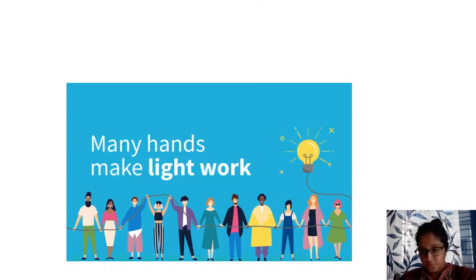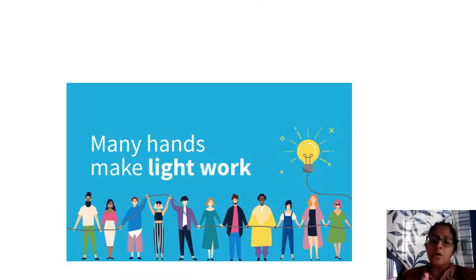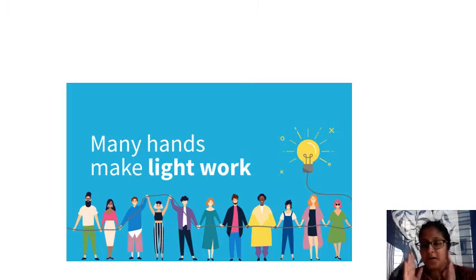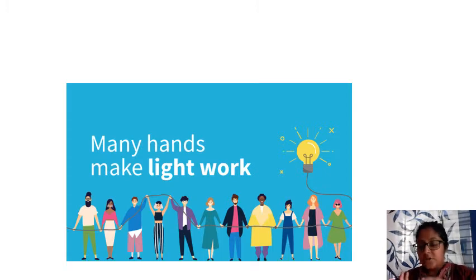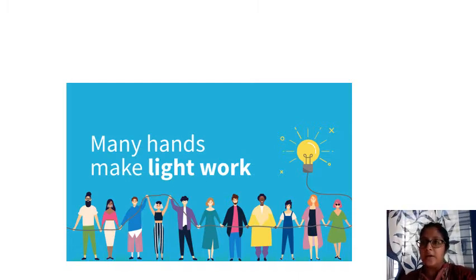Moving forward to the third thing, over here we have given you a caption: many hands make light work. Definitely, if a single person, maybe your mother, is doing all the work on her own, first of all she will be tired. She will not be able to finish the work on time, because only one person is there to complete all the work, right? So if we can join her hands and help her in her work, then some of her load will be reduced.